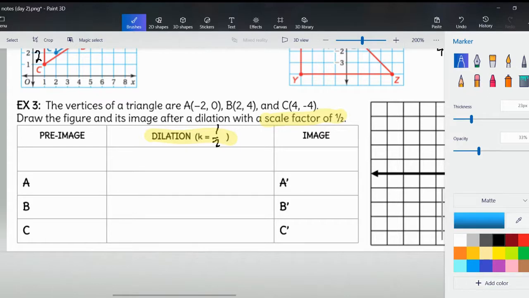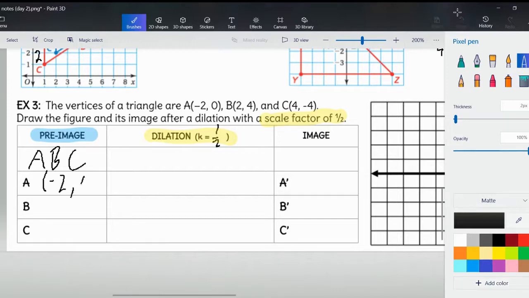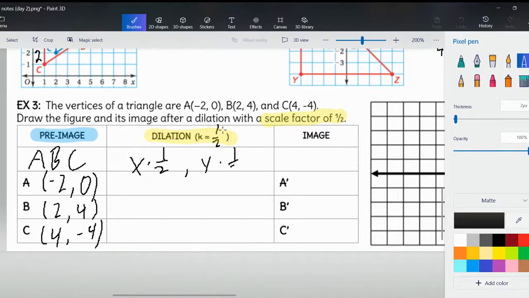Our pre-image, we'll use blue again. It's just going to be these points up here. So our triangle, first off, is triangle A, B, C. And we can write those points in: -2, 0, 2, 4, and 4, -4. So those are all our points, A, B, and C. Since we're dilating by 1/2, our rule is going to be x times 1/2, y times 1/2.